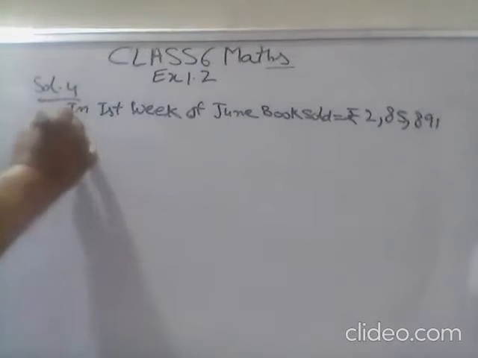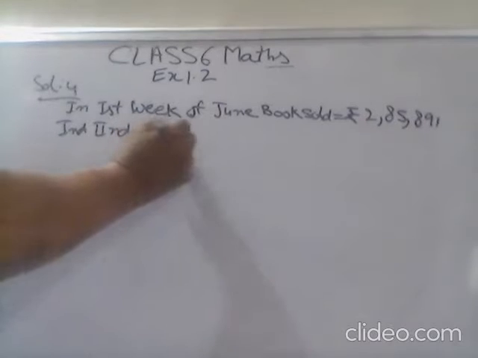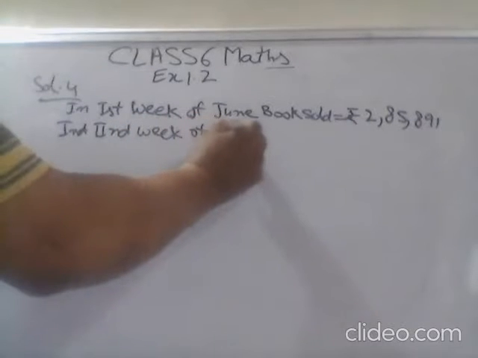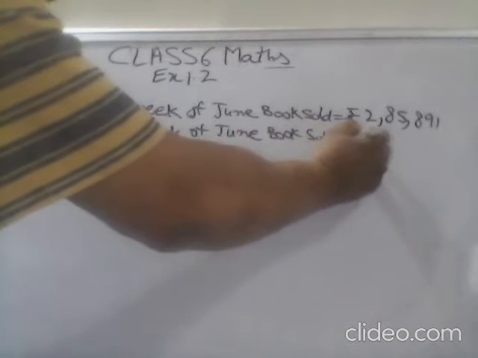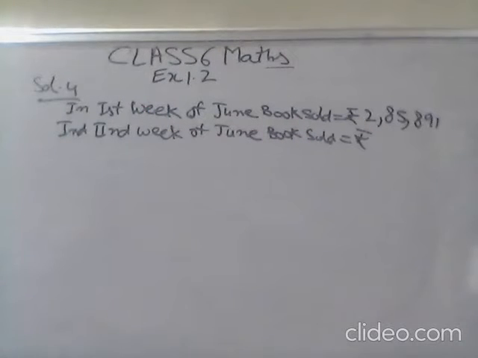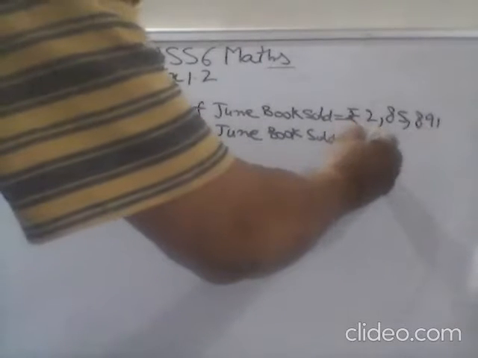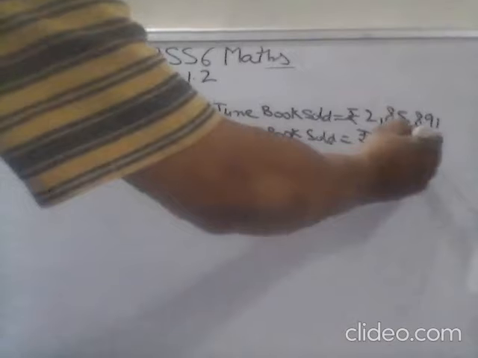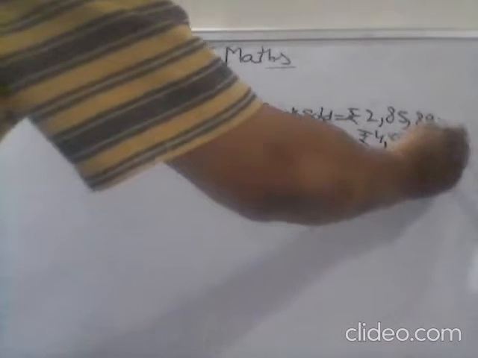In the second week of June, books sold worth rupees 4 lakh 768.